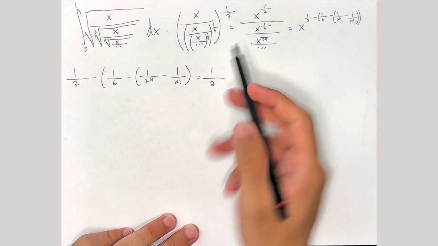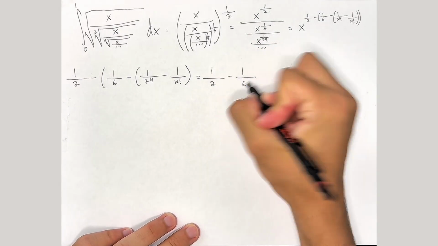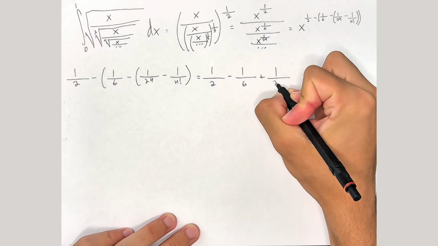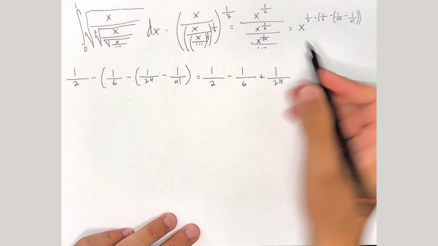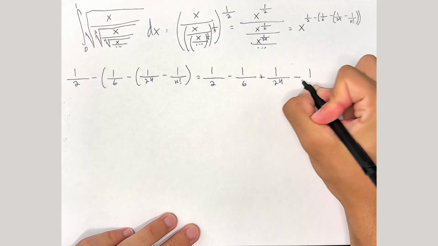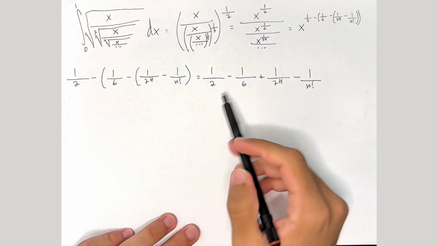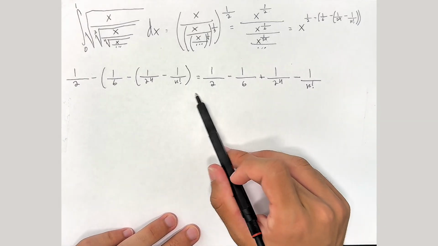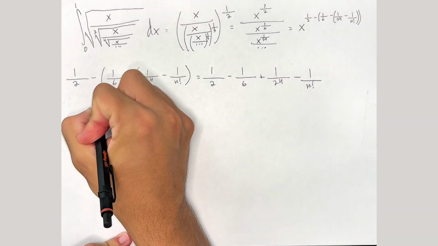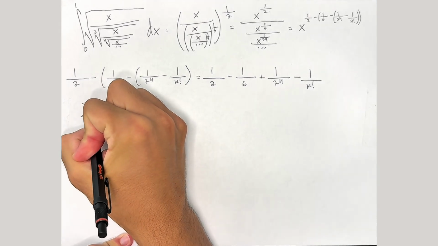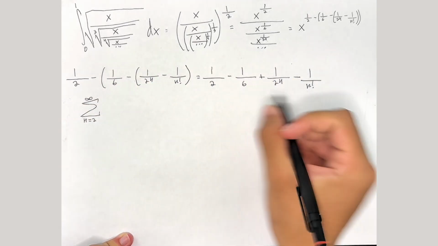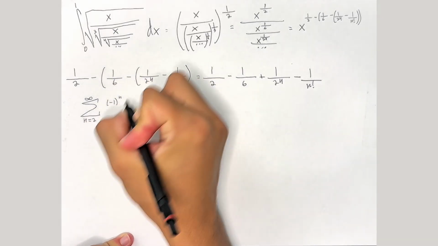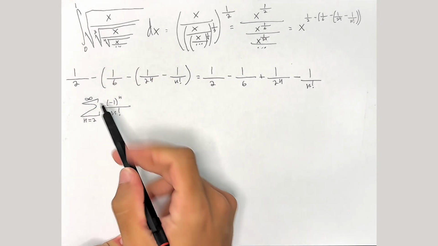This becomes minus minus, so plus, and then we get minus 1 over 6 plus 1 over 24 minus 1 over n factorial. From this, we can see that this is actually equal to the series from n equals 2 to infinity of -1 to the n over n factorial.